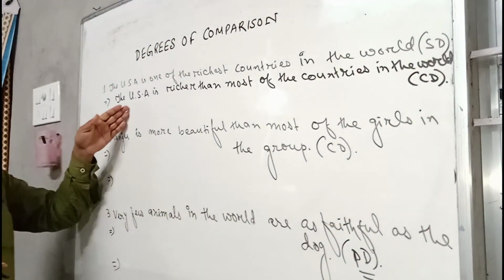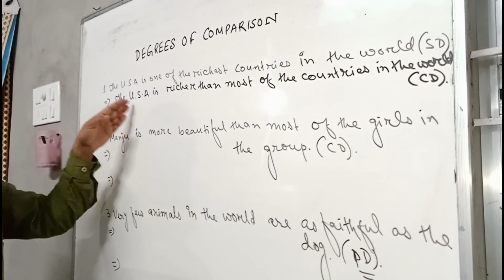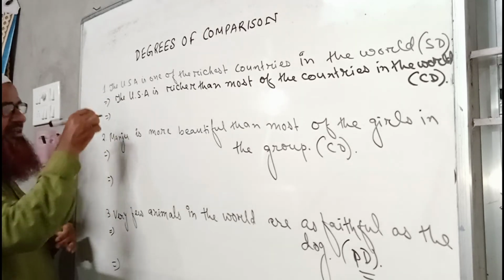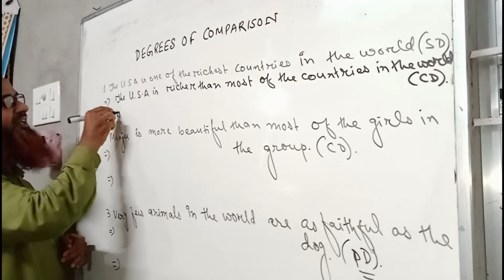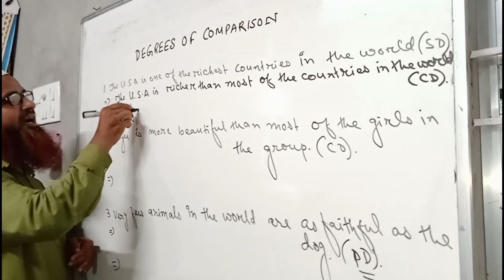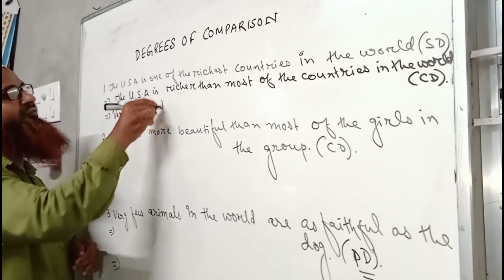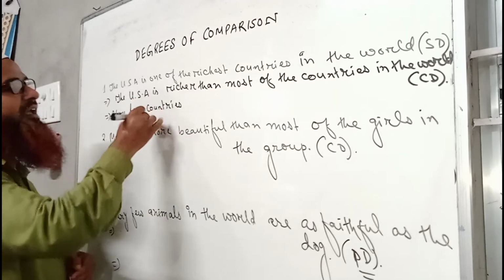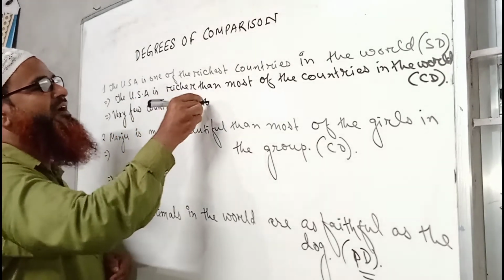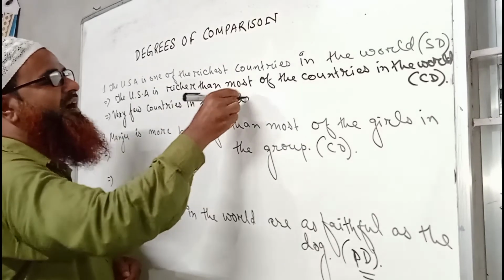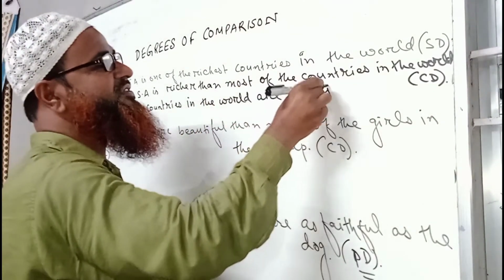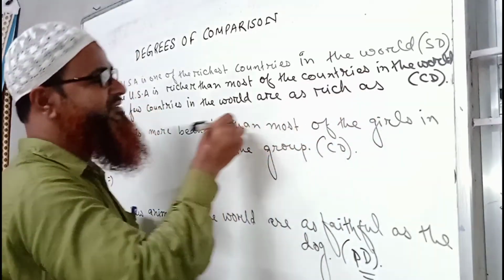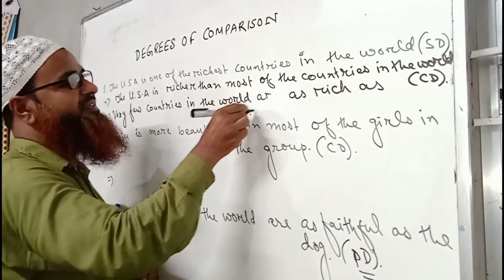Again, if we want to write it in positive degree, then we have to start the sentence with very few. Okay, very few countries in the world are as rich as the USA.